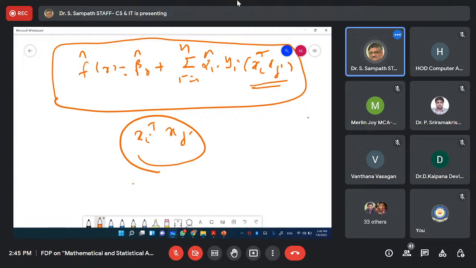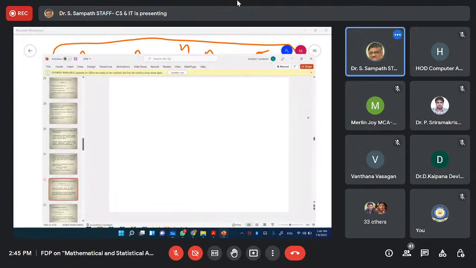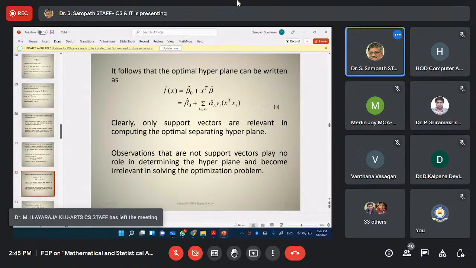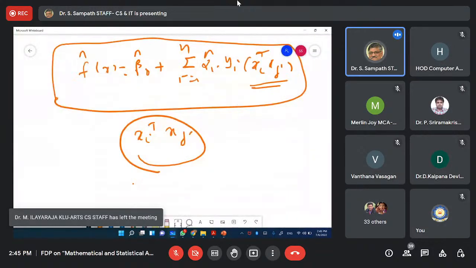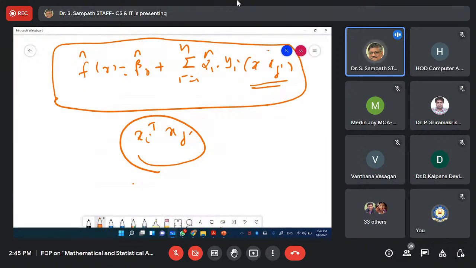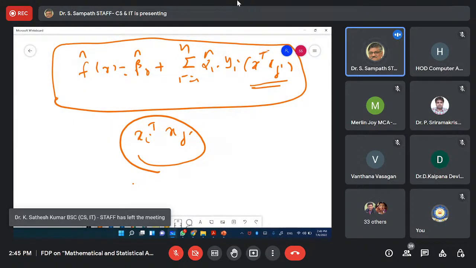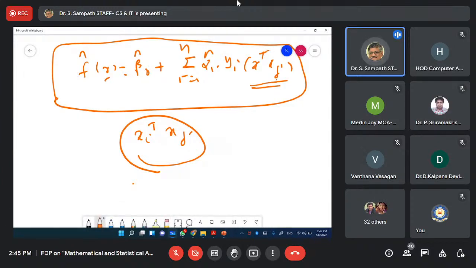I have made one small mistake: this is x transpose xj, where xj is my training point and x is going to be your test object. This inner product is going to be the most important component of your hyperplane.